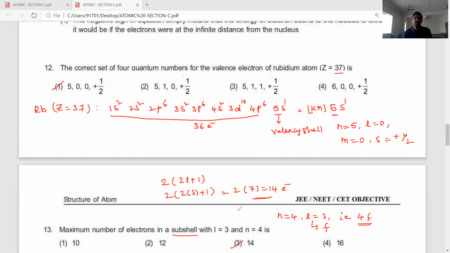The answer is 14 electrons. Otherwise, we can say it directly without using any formula. The given subshell is 4f. The f subshell contains 7 orbitals, and each orbital contains a maximum of 2 electrons. 7 into 2 is 14 electrons.